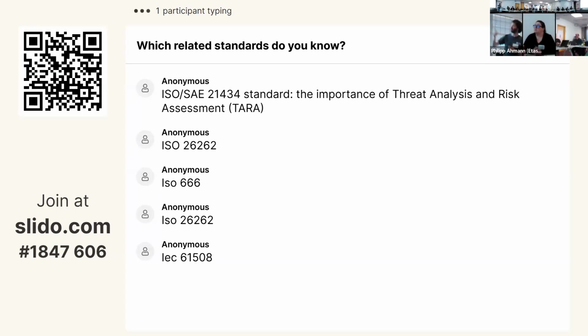Yeah, I think what we haven't touched yet was really the 21434. And it's nothing which we considered that much. It's maybe a little part.